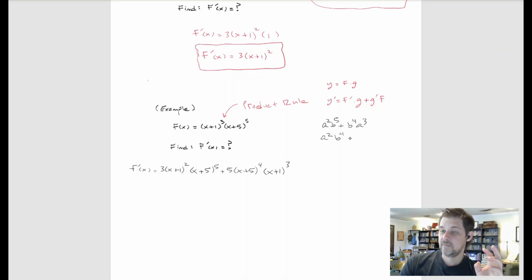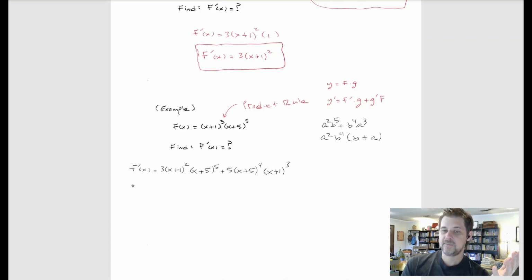If I factor that out, I'll get b left over, plus, and from this one, I'll get a left over. So we could do something like this, and at least get it a little simpler.